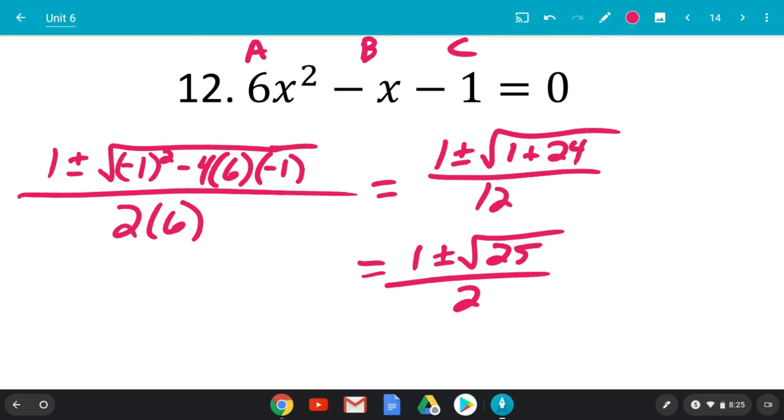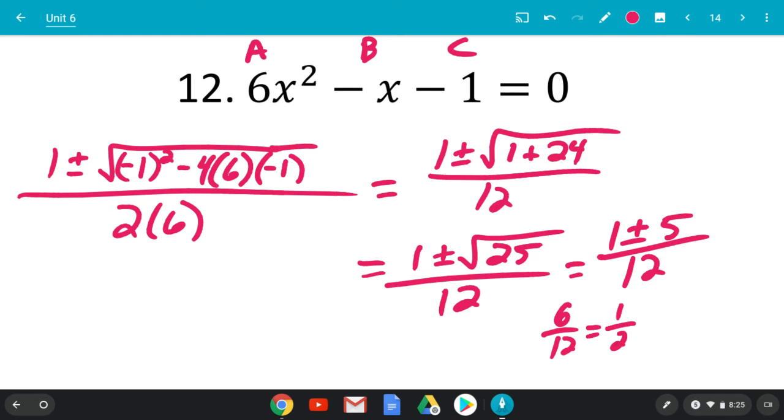Well, what's the square root of 25? 5. So I have 1 plus or minus 5 over 12. Well, in this case, I got 1 plus 5 is 6 over 12, which is 1/2. And then I got 1 minus 5, which is a negative 4 over 12, which is a negative 1/3.